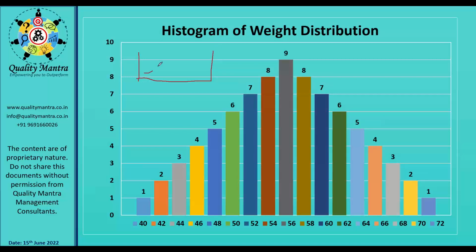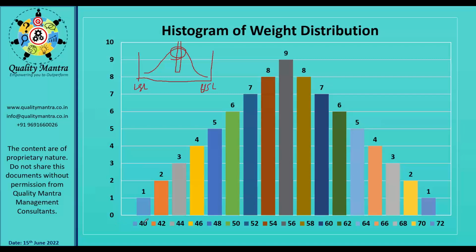You need to check whether it is at the center of the process or not, whether maximum product is at the center of the specification limit or not. It is the lower specification limit, different from control limit, and this is the upper specification limit, USL. So you need to check.